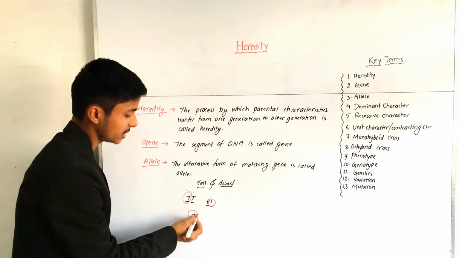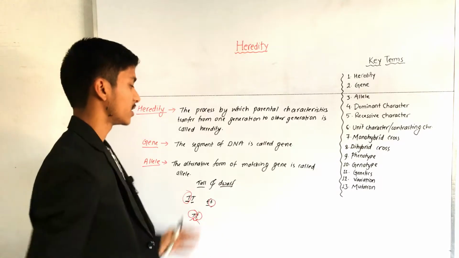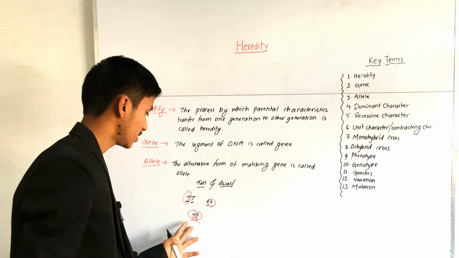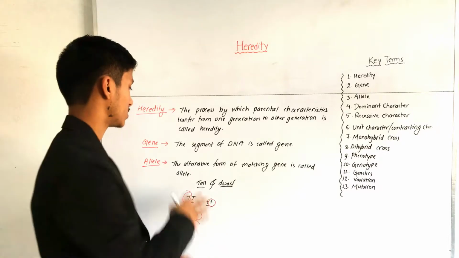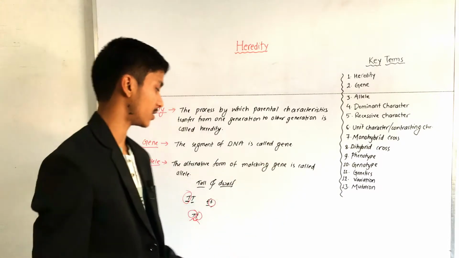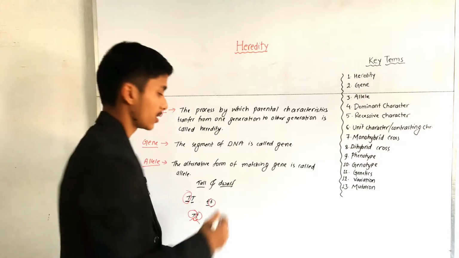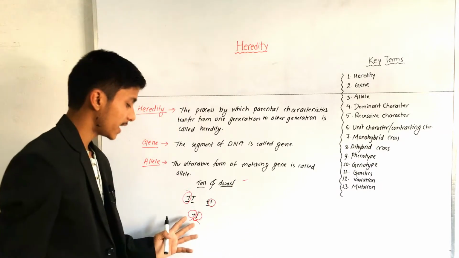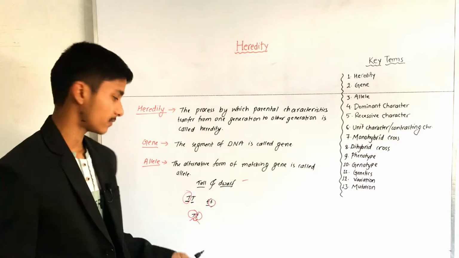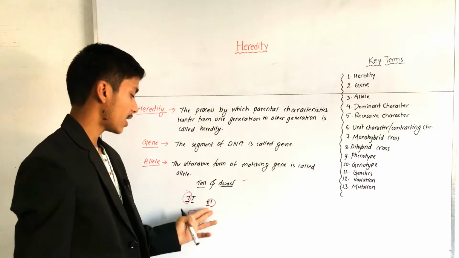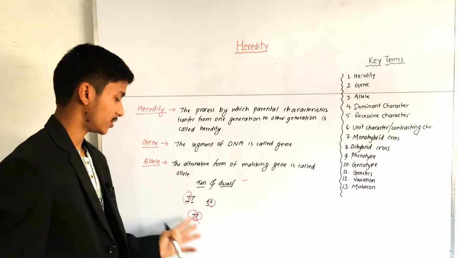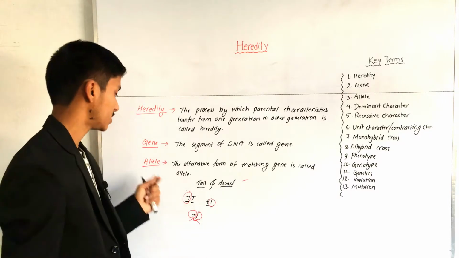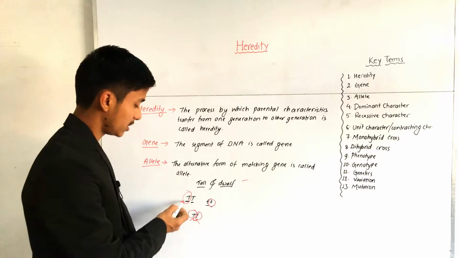So the alternative form of a matching gene is called allele. Example: capital T, small t. Pure tall, pure dwarf, hybrid tall. This is an example of allele, but it is single.